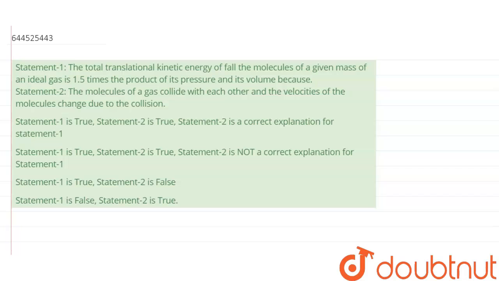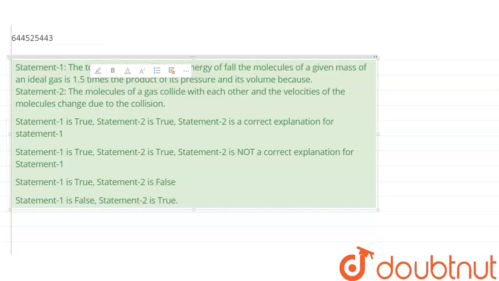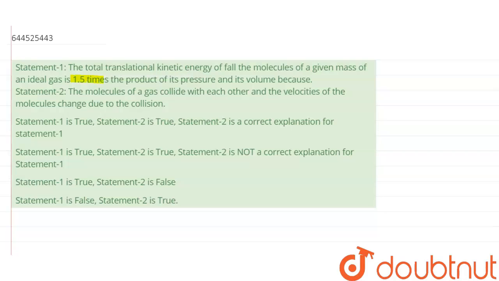Hello everyone. So the question is, in this question they are giving two statements and we have to tell which statement is true and which statement is not true. Statement 1 states that the total translational kinetic energy of all the molecules of a given mass of an ideal gas is 1.5 times the product of its pressure and its volume.